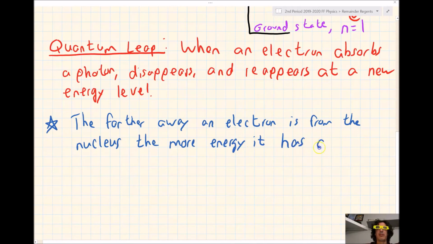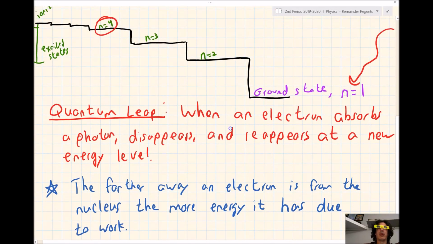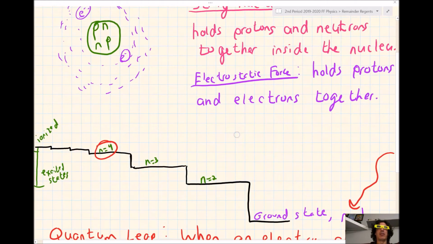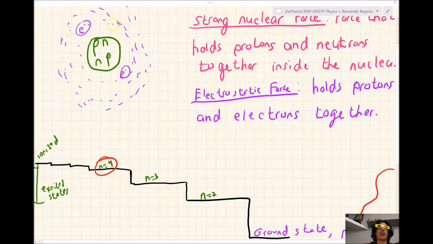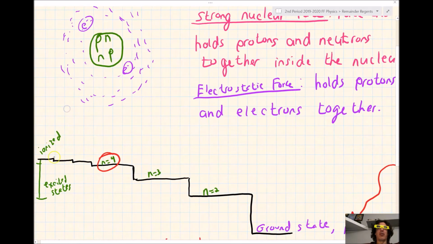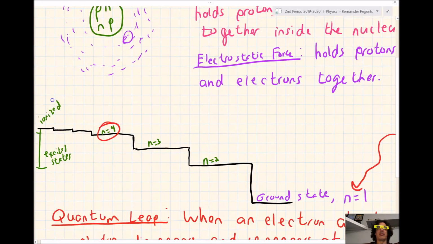And we can say due to work, and that work is the absorption of the photon. So if it absorbs a greater amount of energy, it'll be farther away from the ground state.